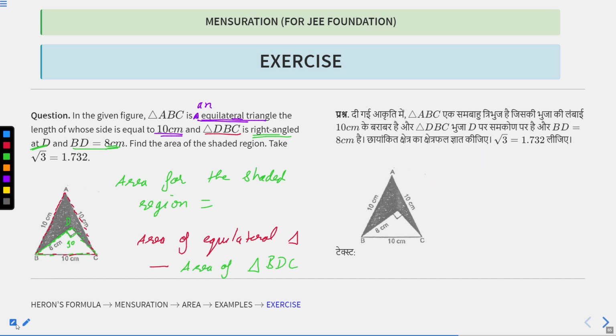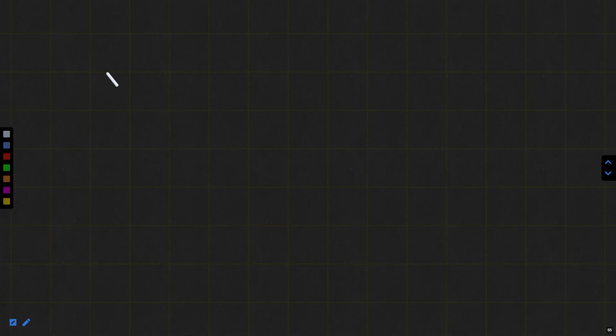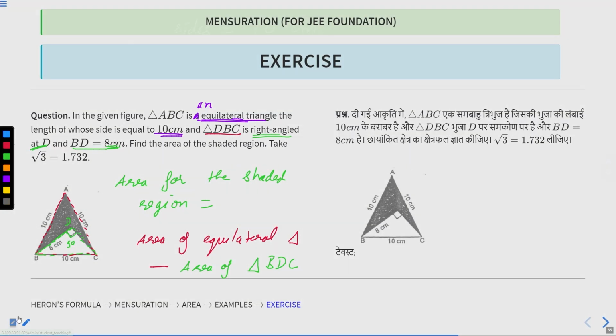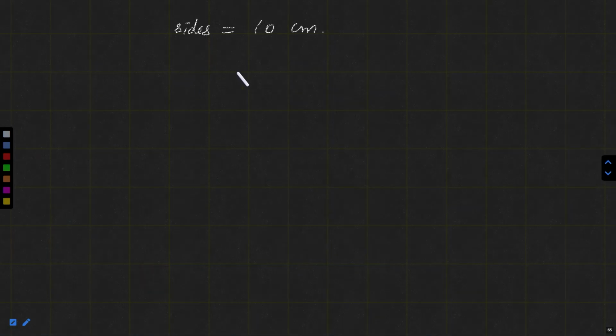Let's use Heron's formula if you do not remember it. So the sides of the equilateral triangle are equal to 10 centimeters. Now using Heron's formula, what is my S? S is the sum of all sides divided by 2, which is 15.